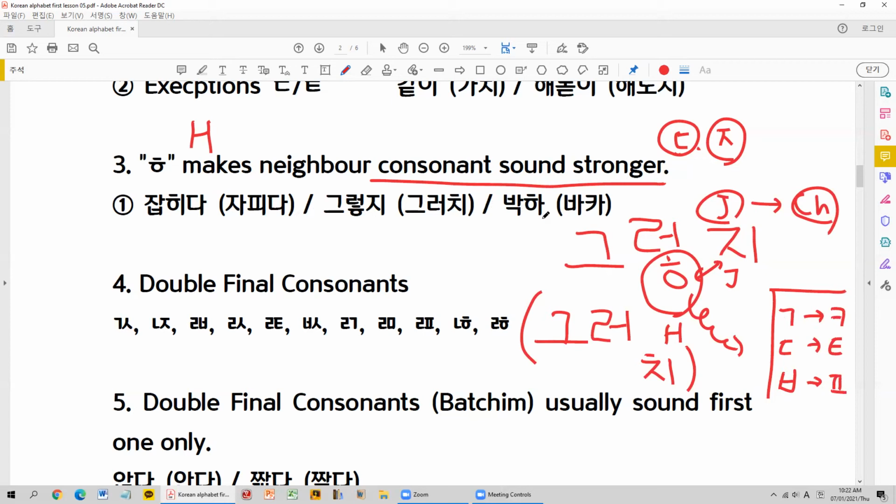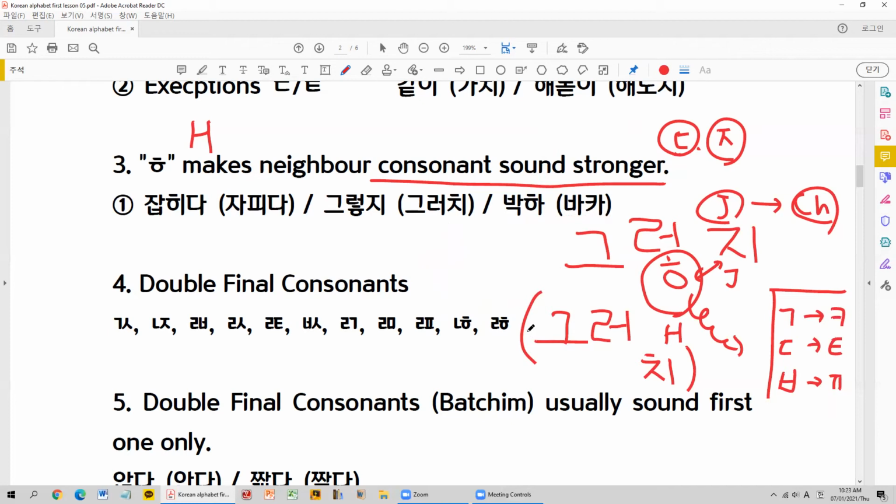Look at this. This time, this is a G sound. So B, A, K, and H, A. It is only like this because the H goes away, disappears, and then brings up the final consonant, but with a strong sound. So paka, paka. We read paka, paka. Okay.